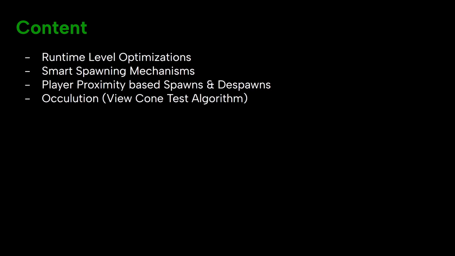Those should be spawned only when the player can see the distant area. Other than that, we don't need to spawn or visualize those NPC characters in the distant areas of the level, because it will affect the performance as well as the resource utilization of your game.